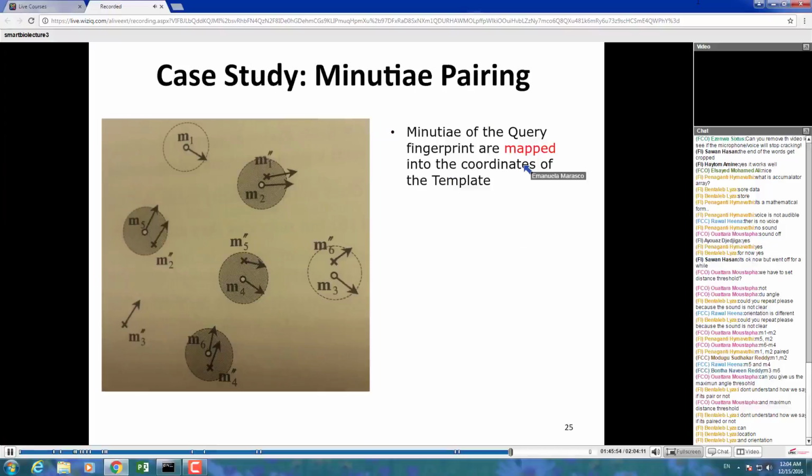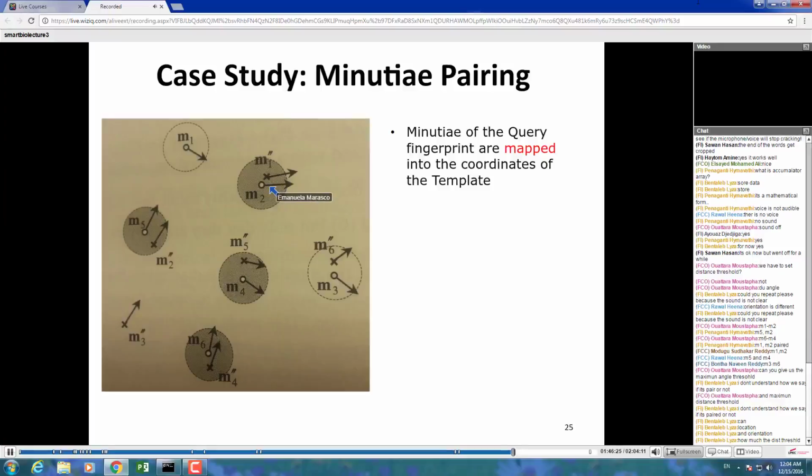And then the difference between the orientations is also small. These orientations are very similar, so the difference will be smaller than an angle threshold. Since these two conditions are verified, we can consider that this pair of minutia corresponds. So this is the corresponding pair, and we can increase the counter.